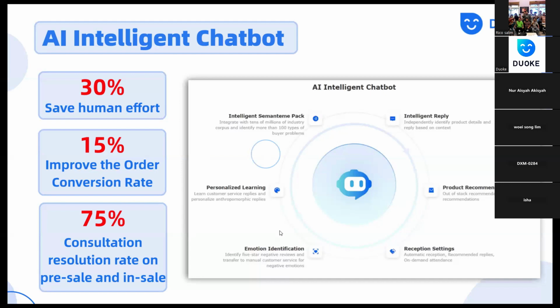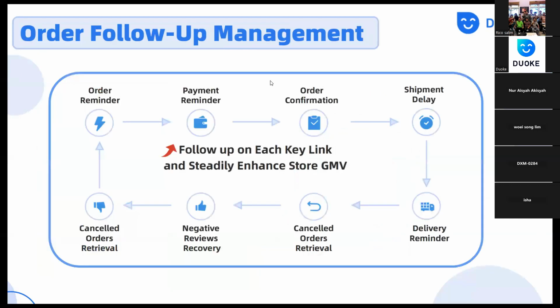Okay, and the next one is order follow-up management, which means that Duoke can follow up on each key link of our orders and can steadily enhance the store's GMV.